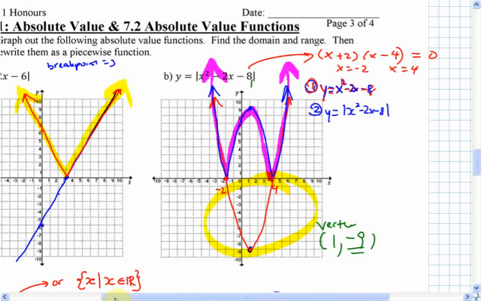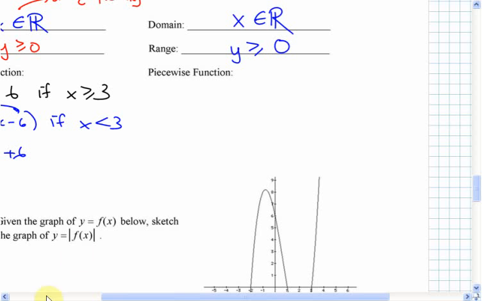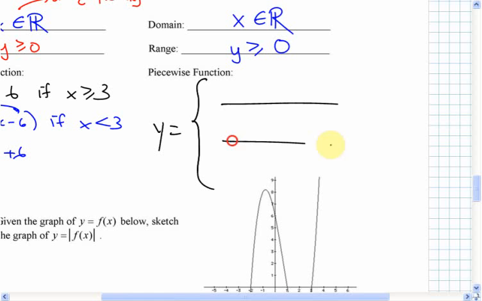Blue piece, green piece, and then we'll keep that as the purple piece. Now, because there are 3 pieces, I should make room for 3 different lines: 1, 2, 3.